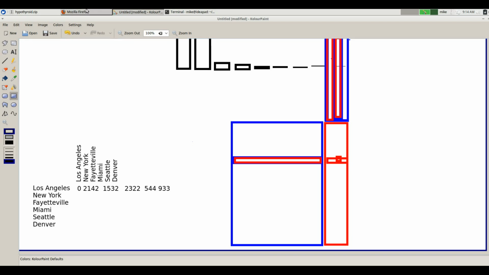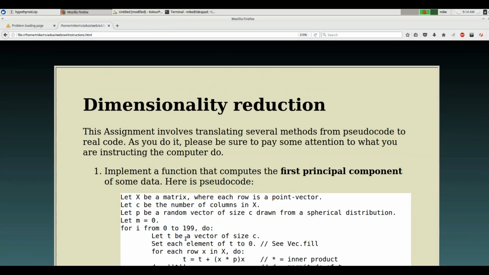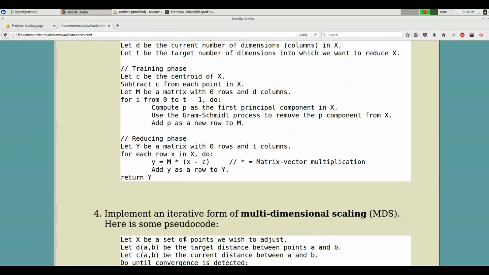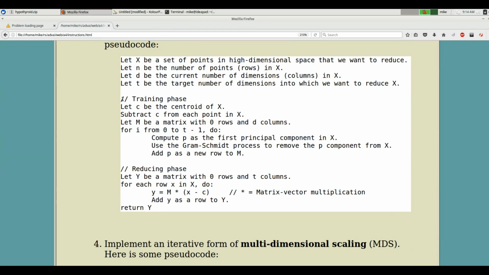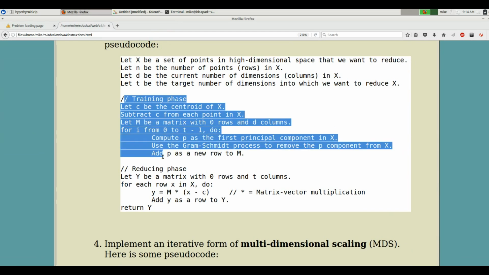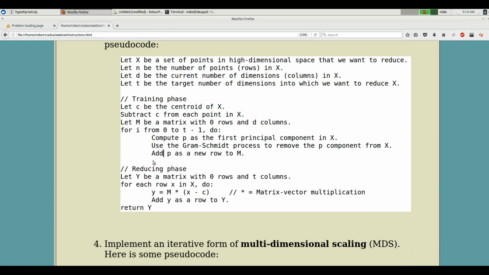So when you code this up, you're going to see that in the training phase, this basically means compute the first k principal components. And then in the reducing phase, we're going to say for each row x in your big matrix X, dot product it with the, let's see, is it M?